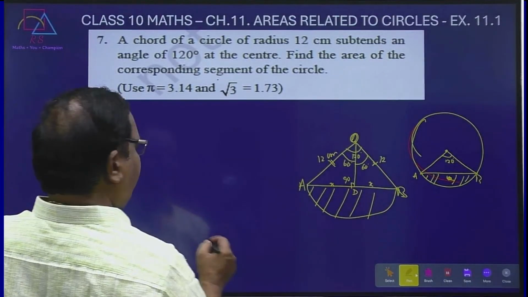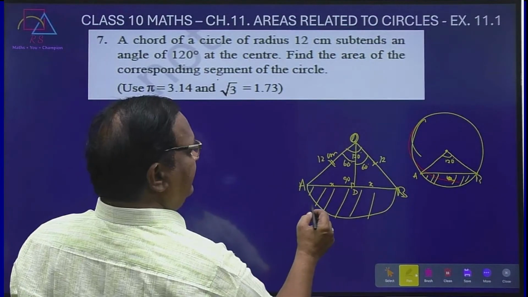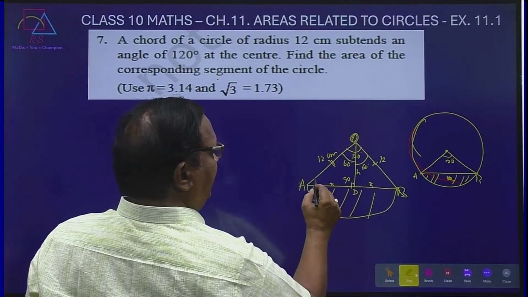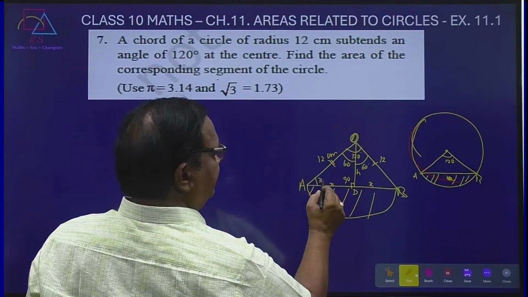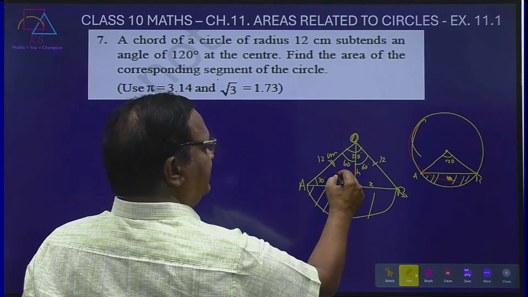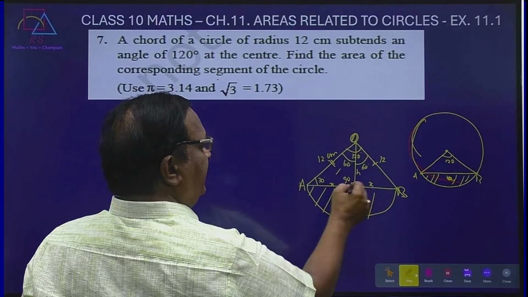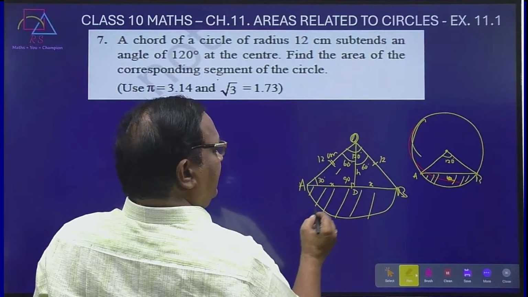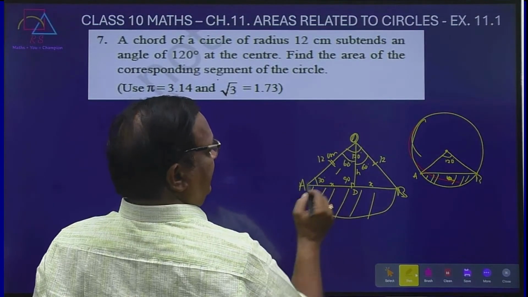Now here you have to apply trigonometry. Height also we have to find out, and this is 30 degrees. If it is 60, this is 30, because ODA and ODB are right angle triangles. So we want height and also x.